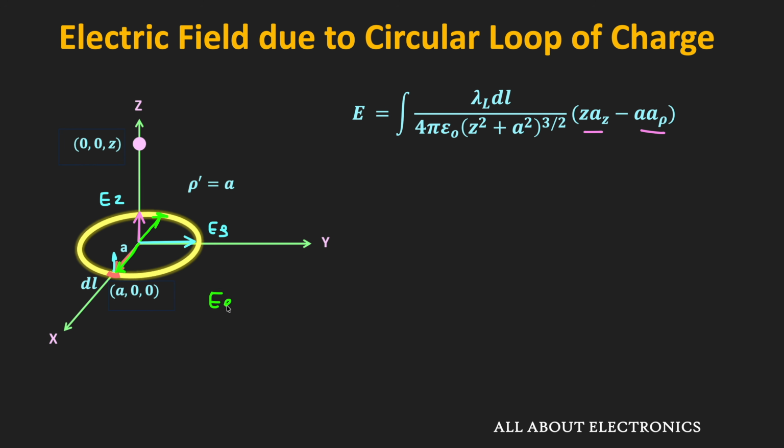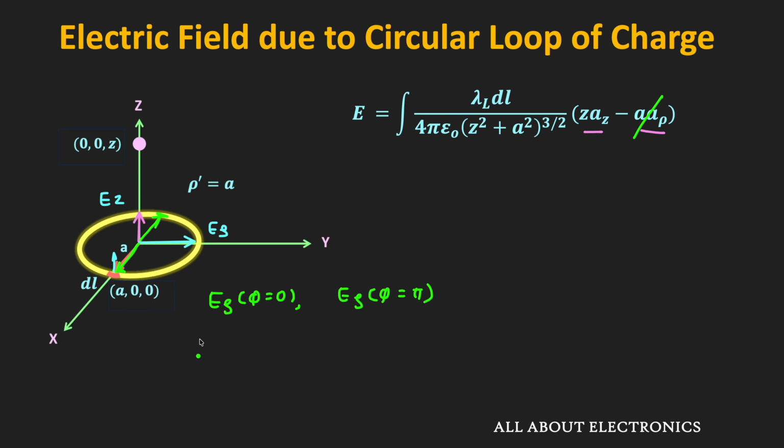That means the E rho component at phi is equal to 0 and the E rho component at phi is equal to pi will cancel out each other, and the same thing will happen at every point. So due to that, in the final expression, we will not have the E rho component, and therefore this component will get cancelled out, and effectively we will only have the Ez component.